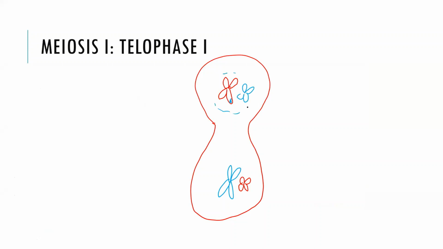So you have the nuclear wall reforming and the centrioles degenerating, and the chromosome DNA coils separating and forming chromatin like that. You have the telophase 1.